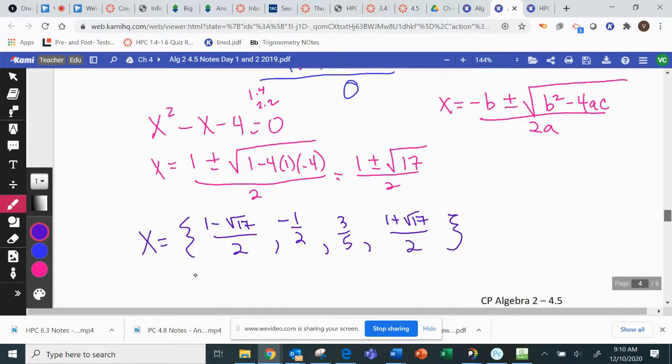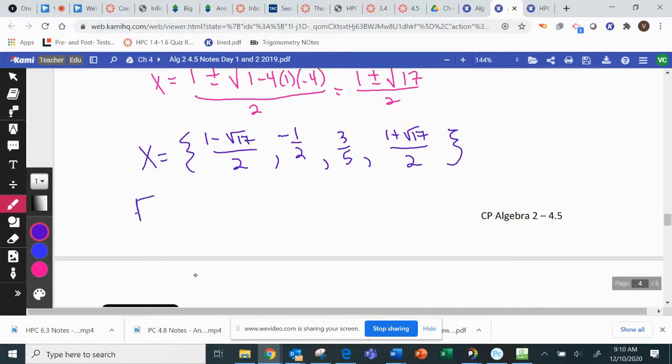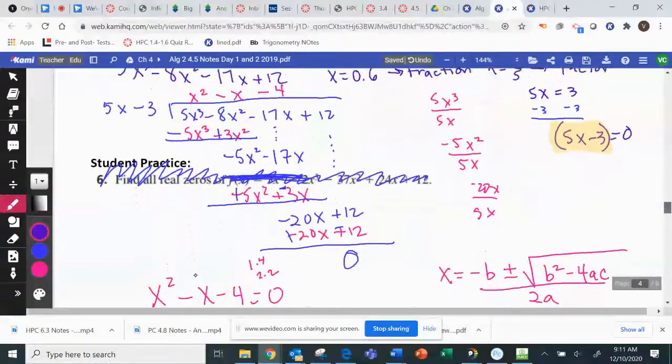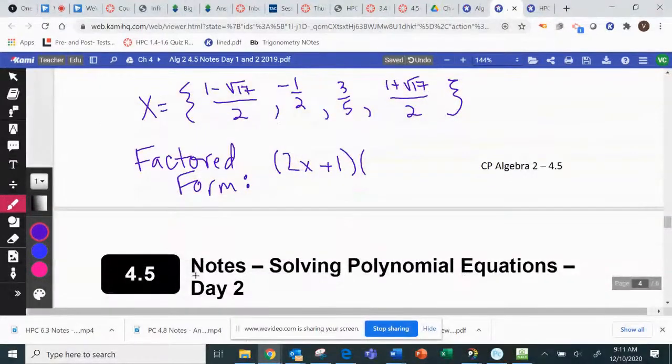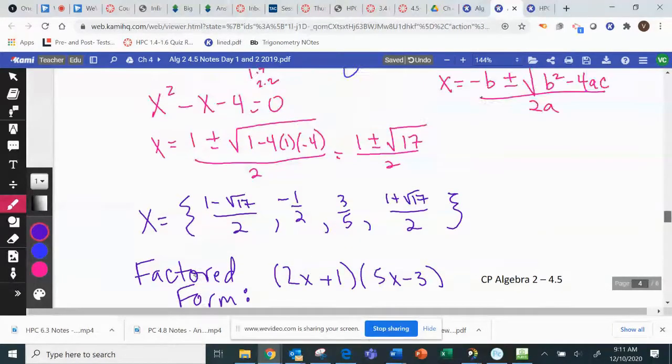If we have to write it as factored form, as of now, what we know is we would have our 2x plus 1. What was the second one? 5x minus 3. And then could we factor the last one?